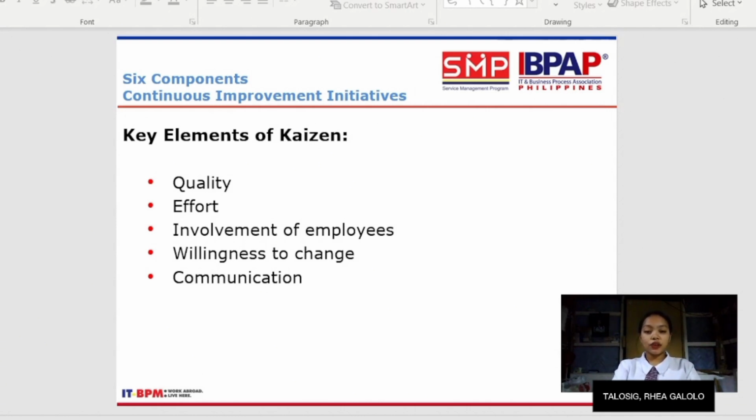Next is effort. Effort: employees at all levels of the company work together, with proactivity, to achieve regular, incremental improvement to the manufacturing processes. Involvement of employees. For continuous improvement, you need to empower and support your employees in Kaizen activity by giving them authority and responsibility to make decisions and implement changes within the scope of their work.